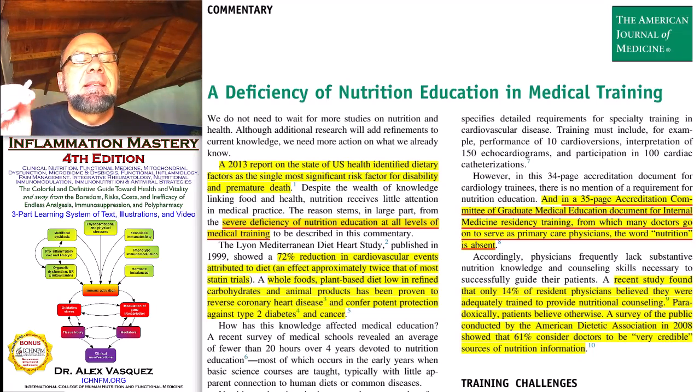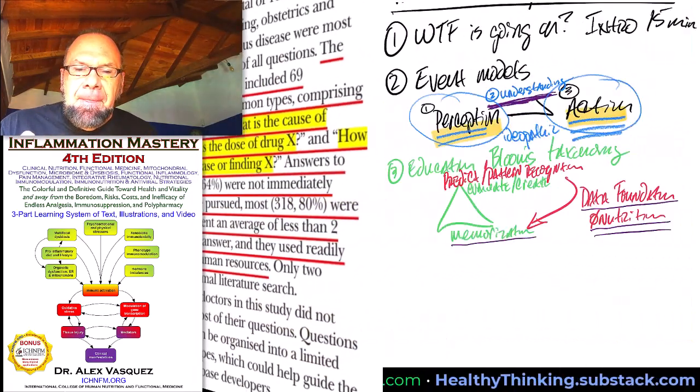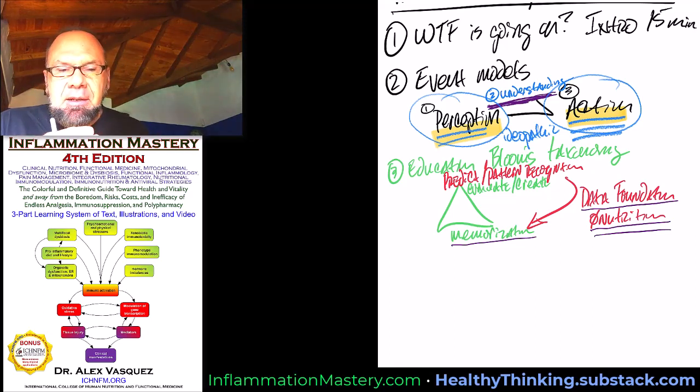So again, in the second 15 minutes of the video that I spontaneously recorded, I talked about event models, and I spent a few minutes talking about accurate versus inaccurate event models. A poor event model is perception to action, which is how doctors are trained.